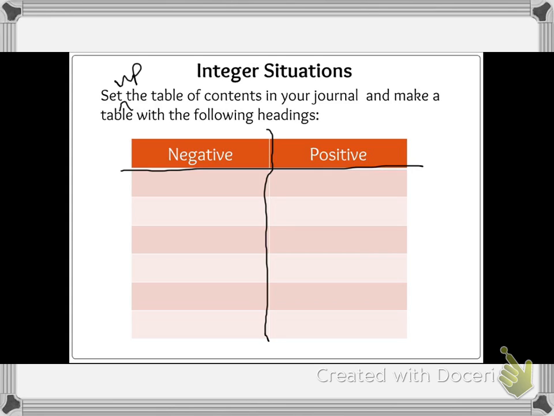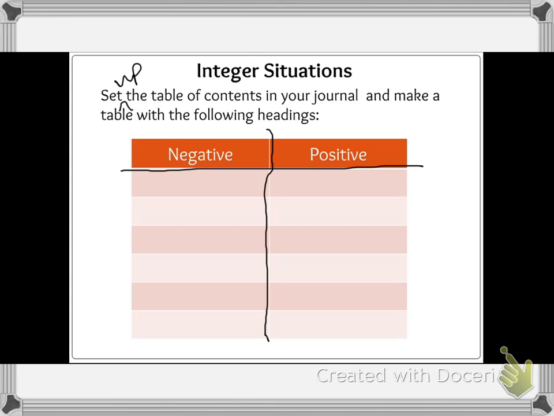What we're going to do is start looking at integers. Remember, integers are whole numbers and their opposites. With integers, you have to be able to read a word problem and create a problem that you can actually solve.